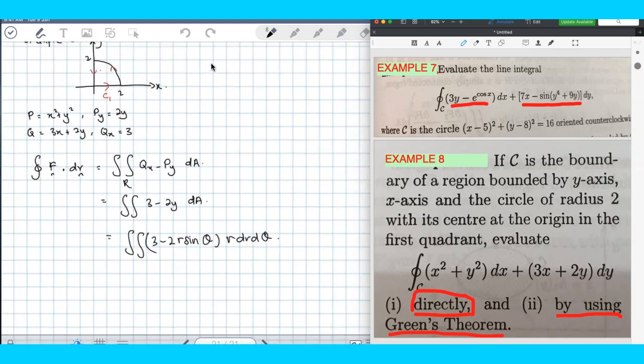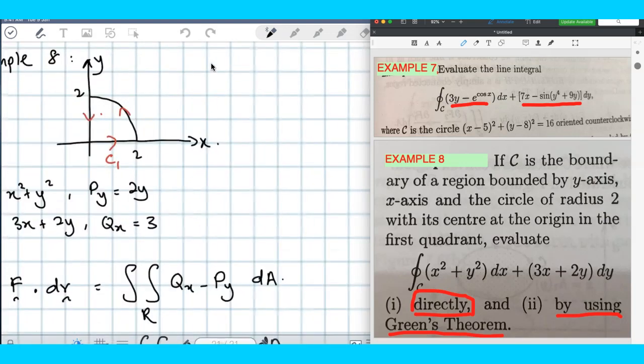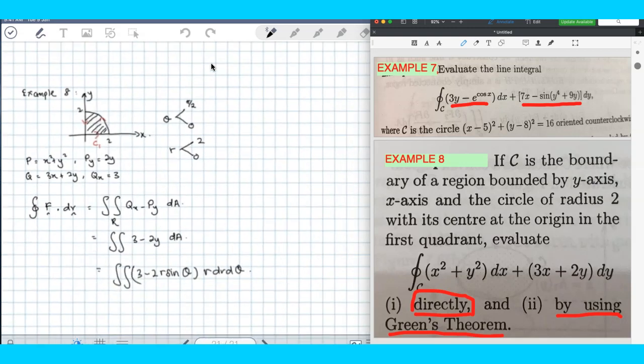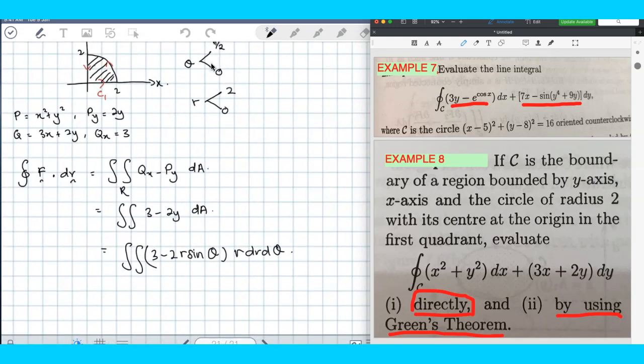Now this is our region. So we want to find the limits: theta from 0 to 90 degrees, so pi over 2, and r from 0 to 2. So 0 to pi over 2, 0 to 2.